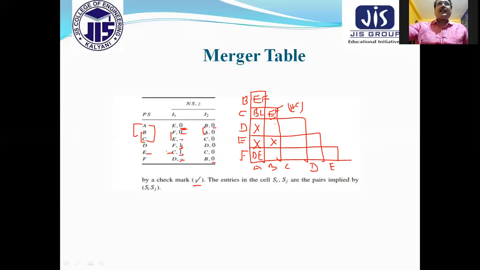Here we can say that A or D. Here I am getting B and D, because B and D we are comparing. So I am getting the 0 here, 1 there. So it is not compatible. Put the cross. Similarly, B and E, here I am getting 1, here 0, so it is not compatible. Put the cross here. B and F, you can check B and F. Here D, here F, no problem.